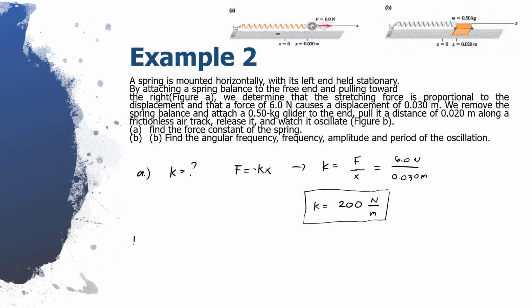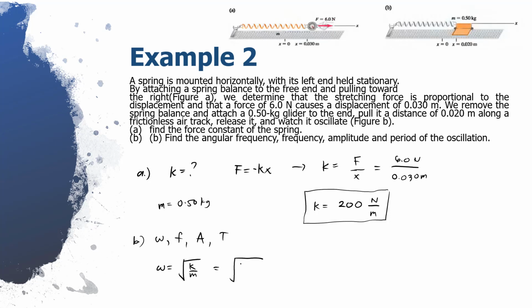Next, letter B: find the angular frequency, the frequency, the amplitude, and the period of oscillation. So we can solve for omega, the angular frequency. This is equal to the square root of k over m, where m is given. m is equal to 0.50 kilograms, and k is 200 newtons per meter.